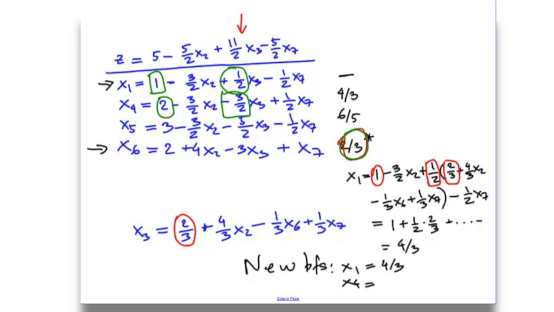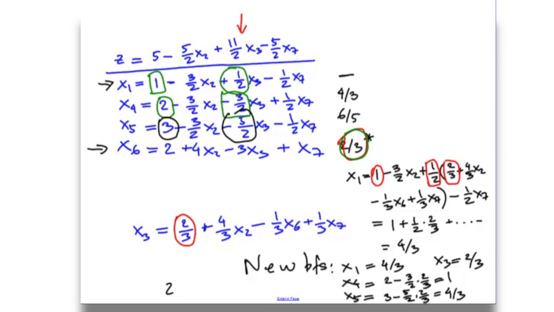So for x4, it will be 2 minus 3/2 times 2/3, which is 1. For x5, using the same logic, we'll have 3 minus 5/2 multiplied by 2/3, which is 4/3, okay? For x3, the value was equal to the minimum ratio, which is 2/3. The rest of the variables will be equal to 0.